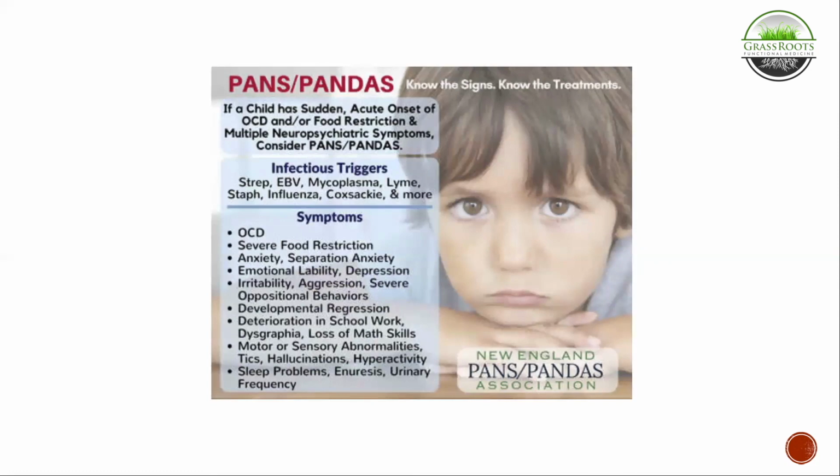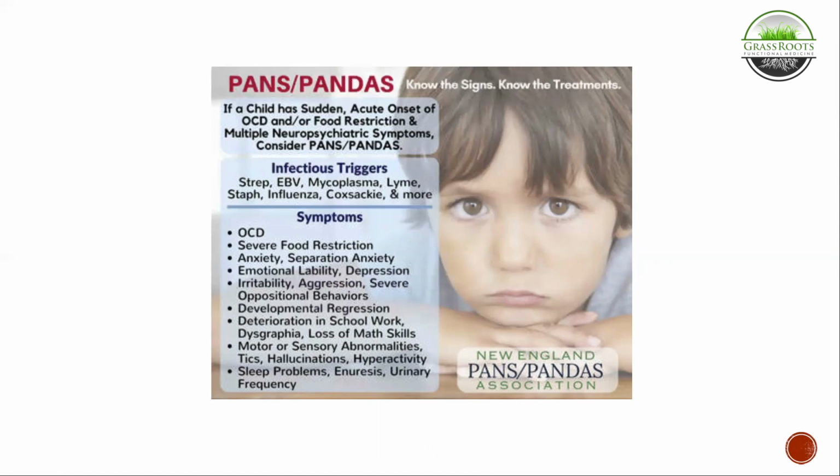Developmental regression is a big one. And then problems at school where they were doing well, now all of a sudden they've taken several steps back. Motor and sensory abnormalities are a big one, specifically tics, hallucinations, and hyperactivity, and then sleep problems. We see that a lot in kiddos. And then problems with bladder function or enuresis.